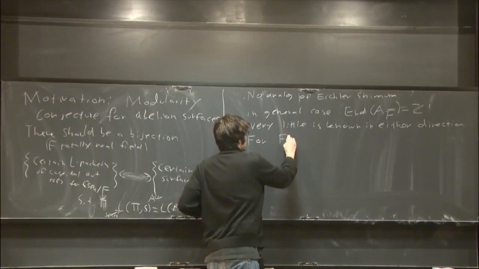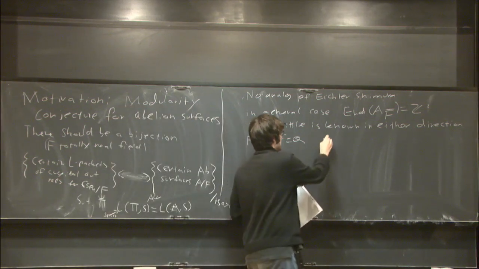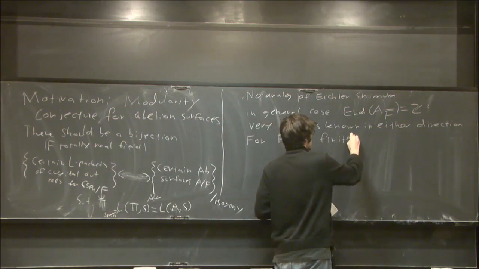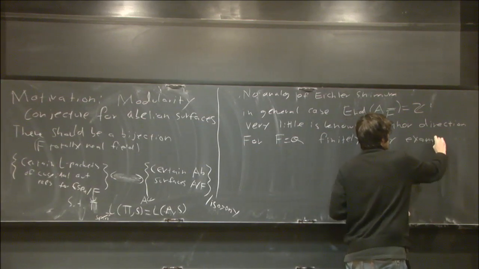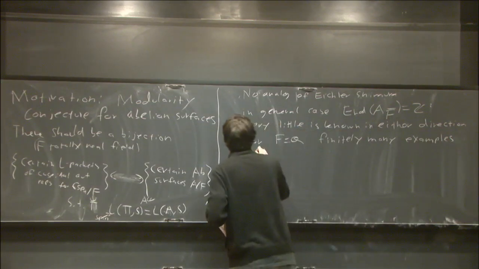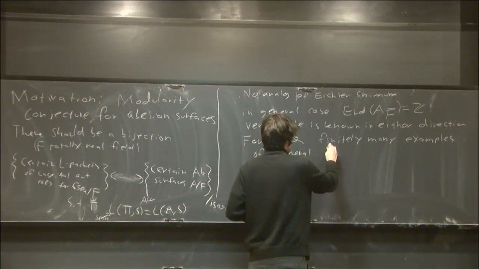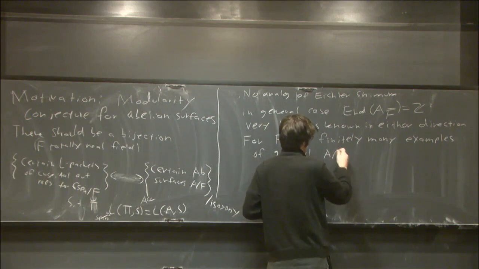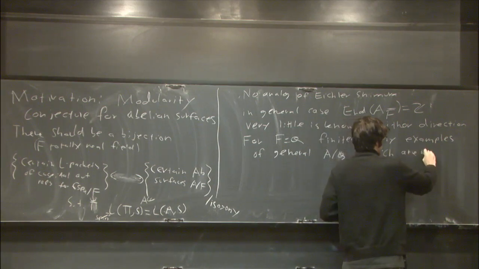So for F equals Q, finitely many examples of general A over Q which are modular are known.